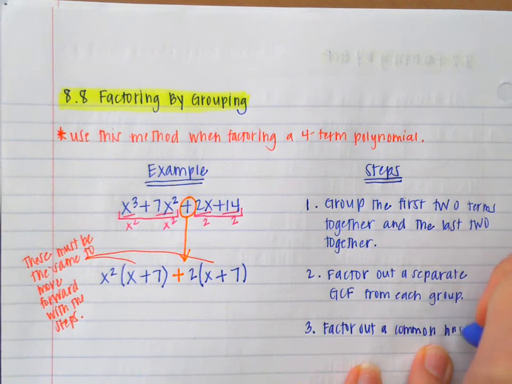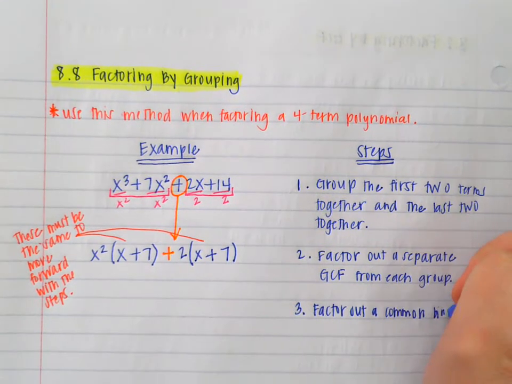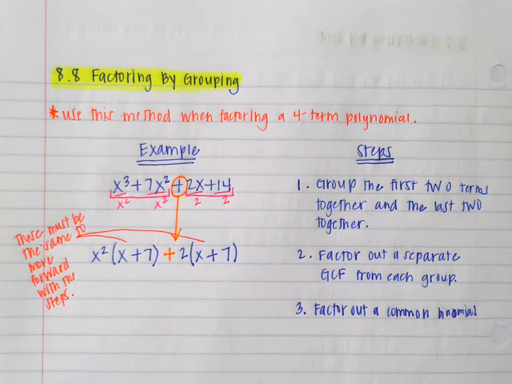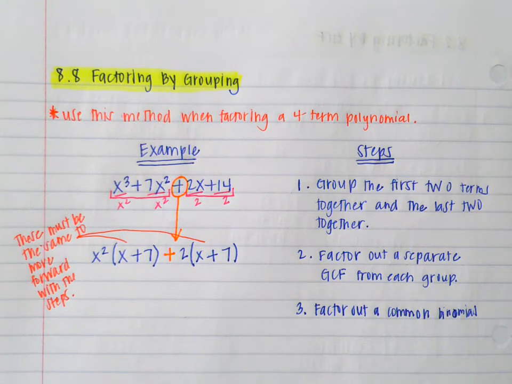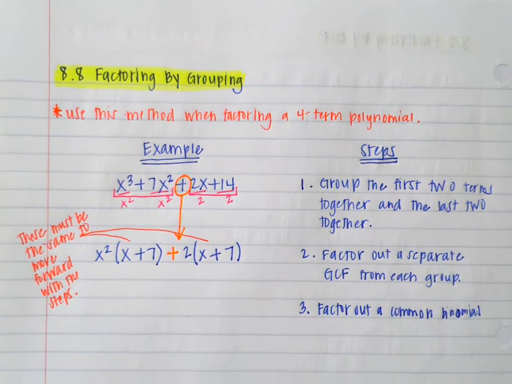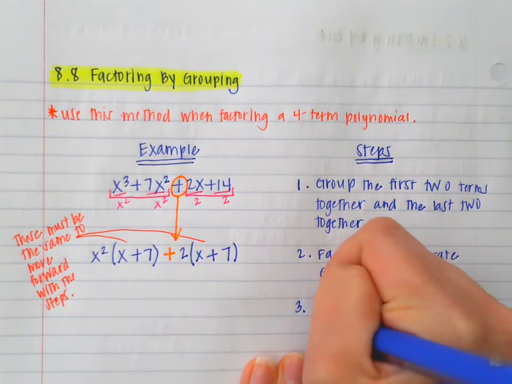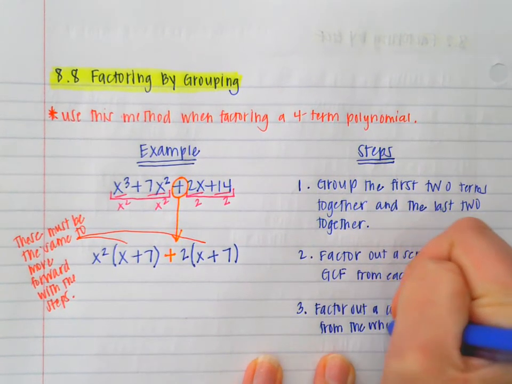Binomial means two terms, right? Binomial means two separate terms. And so this is a binomial, this is a binomial. So we factor out a common binomial from the whole expression. So now we're looking at the whole thing again.